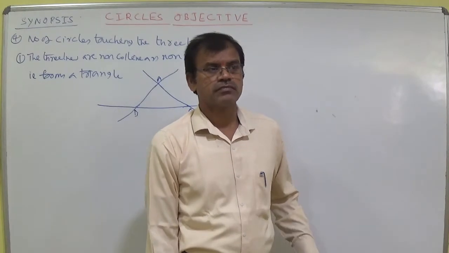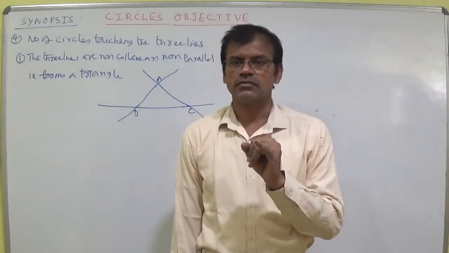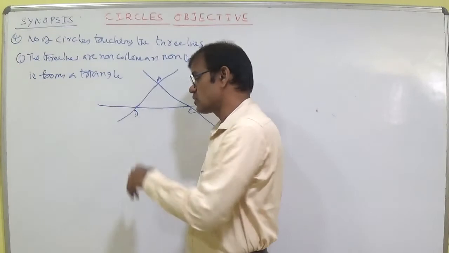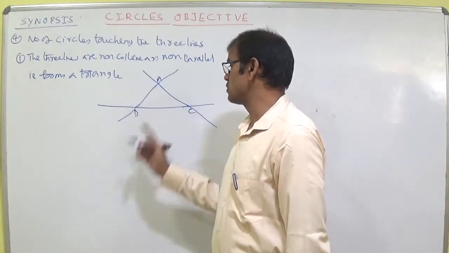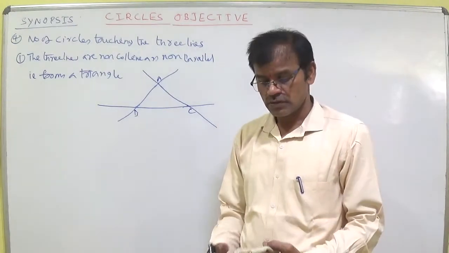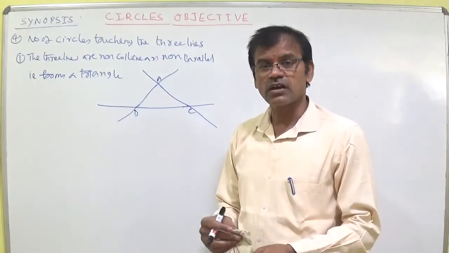First one is the incircle and the other three are excircles. Excircle opposite to A, excircle opposite to B, excircle opposite to C. Like that, four circles.